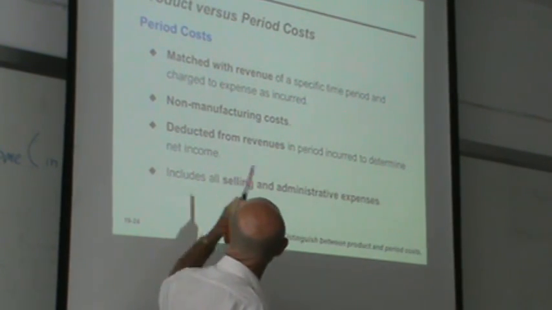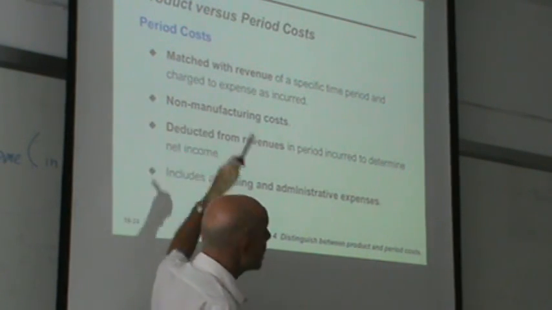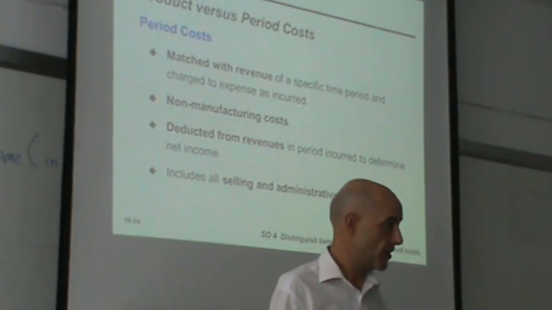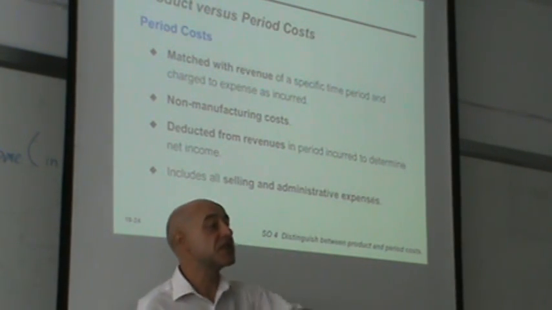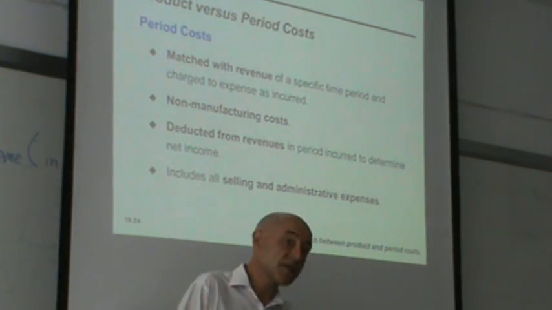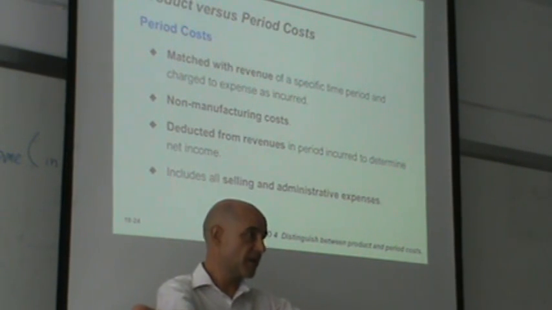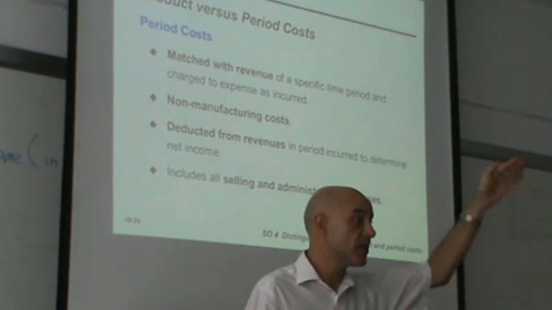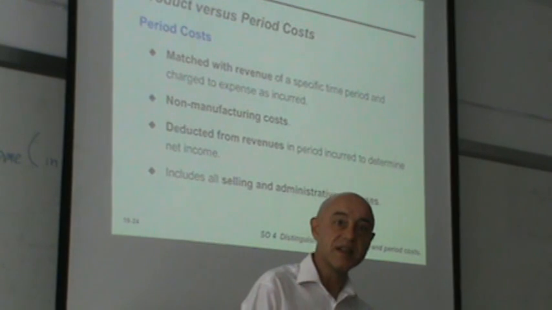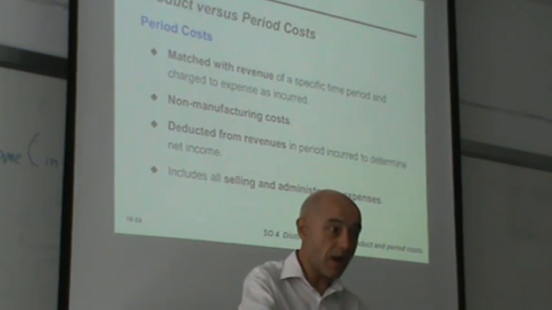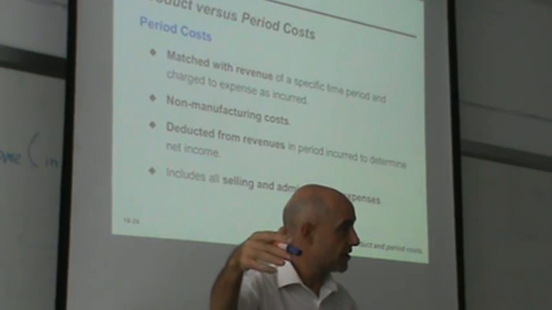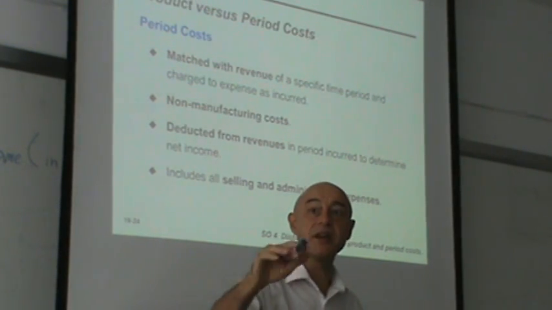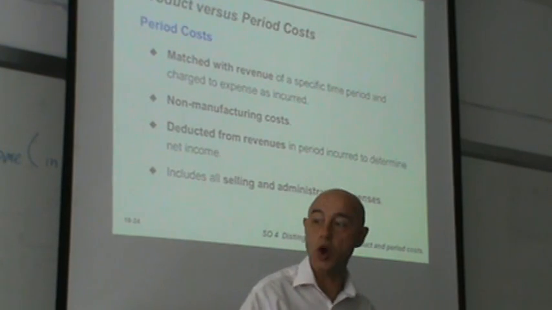They're considered non-manufacturing, and they're considered period costs, okay? So now you see, everything is either a period cost or a product cost. And if it's a period cost, it becomes an expense. If it's a product cost, it becomes direct labor, direct material, and manufacturing overhead.